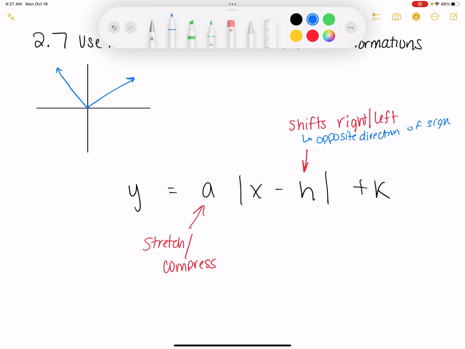But out here with k, this one is the shift up or down. This one shifts in the same direction as the sign. So as this one sits, it would be shifting up k units.